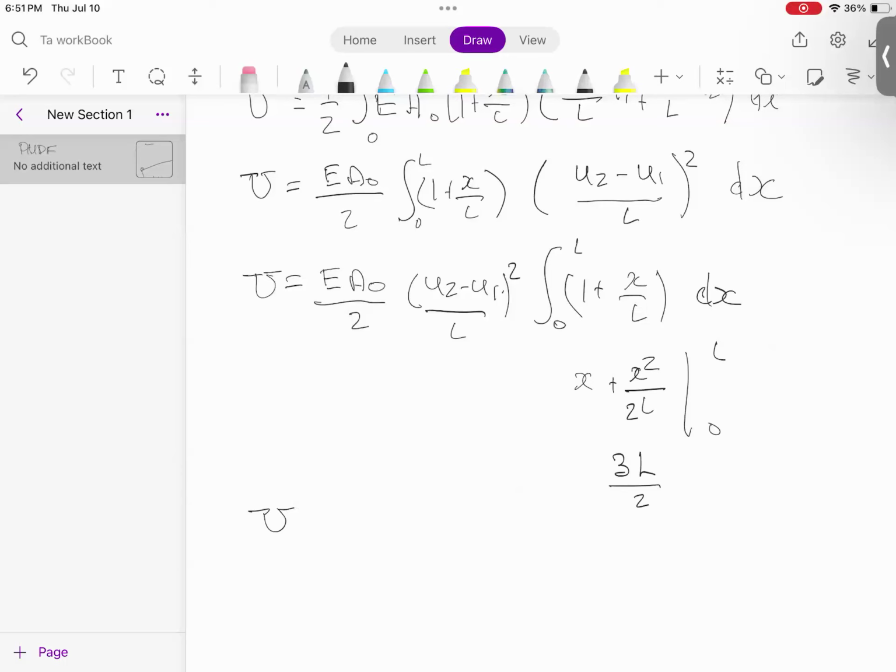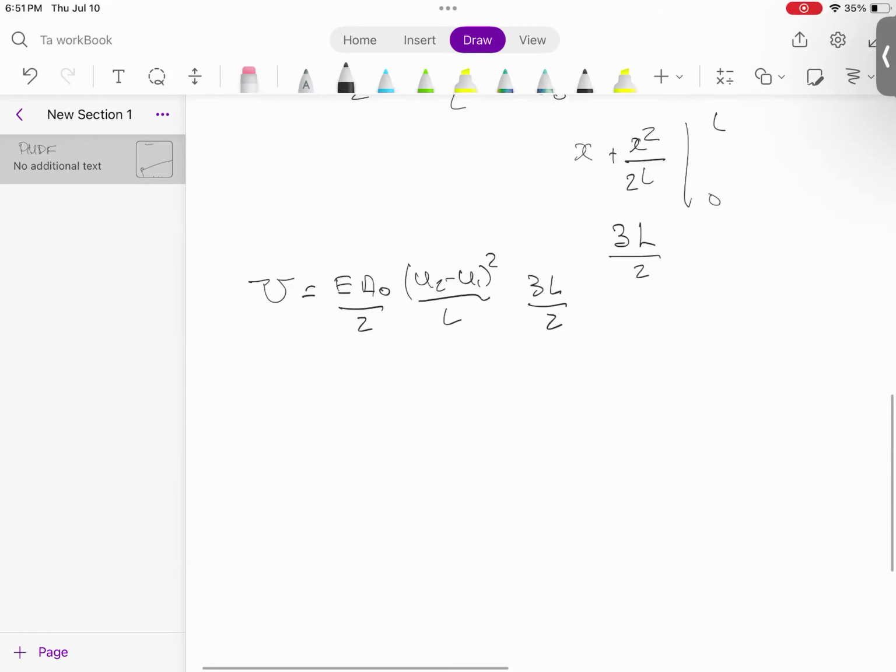Now we bring it back into this term: E A naught over 2 times (u2 minus u1 over L) squared times 3L over 2.